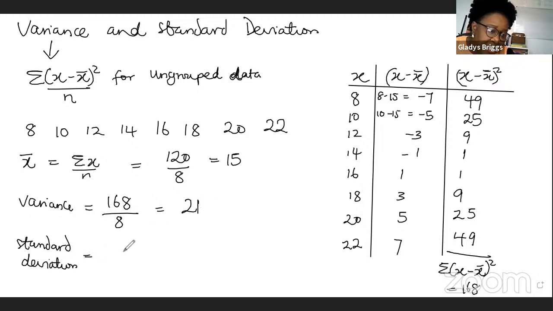Whatever you get here, you square root it, okay? Square root of 21, we did that yesterday. That is equal to 4.58, yeah? So that's the answer for ungrouped data.